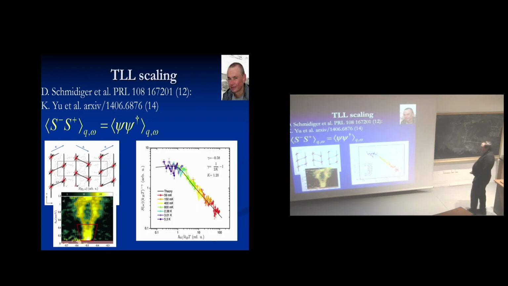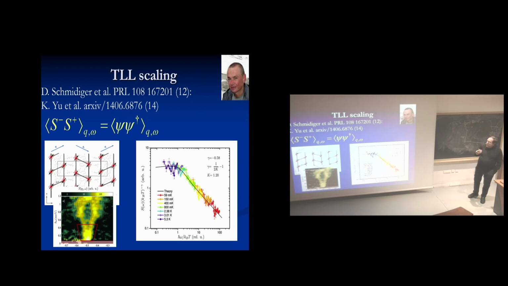We know the field theory, so we know what the good scaling parameters are, and what needs to be plotted is the structure factor divided by the temperature to some power, which depends on the Luttinger liquid exponent, and this should be plotted as a function of omega divided by the temperature, which is the good scaling for a Tomonaga-Luttinger liquid. This is a conformal field theory with z equal 1. And then, essentially, you see the data from the neutrons, and the black curve is the Tomonaga-Luttinger liquid curve.